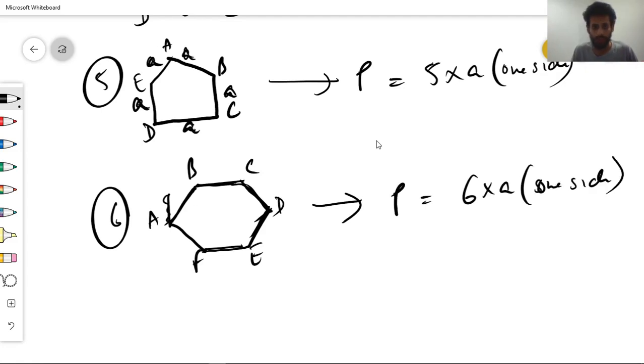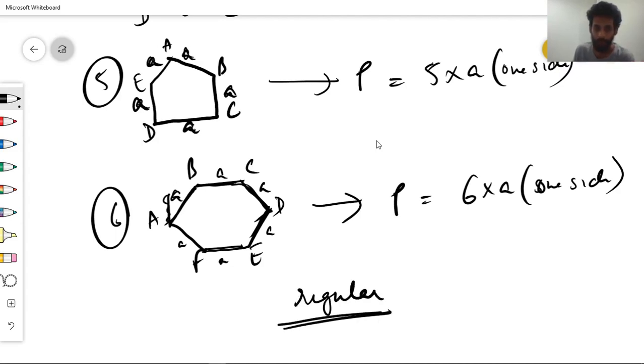So you got this idea now of how to find the perimeter of a regular figure. If it has 7 sides, then it will be 7 into A. If it has 8 sides, it will be 8 into A. So first of all, the word there must be is regular. When you see the word regular figure, you can just multiply the number of sides into one side.